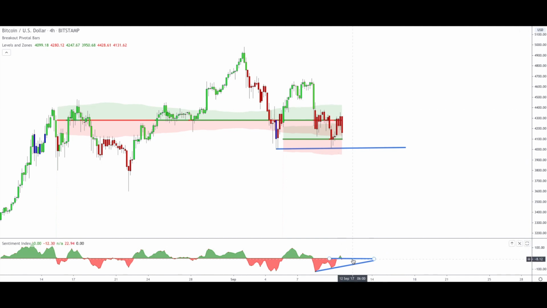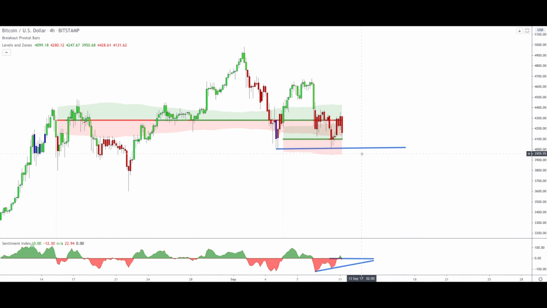On the other hand, the sentiment index doesn't have any further room to go down here, so it must break down. And if it breaks down at the same time the price breaks down with a red candle, this consolidation, then we have a setup.